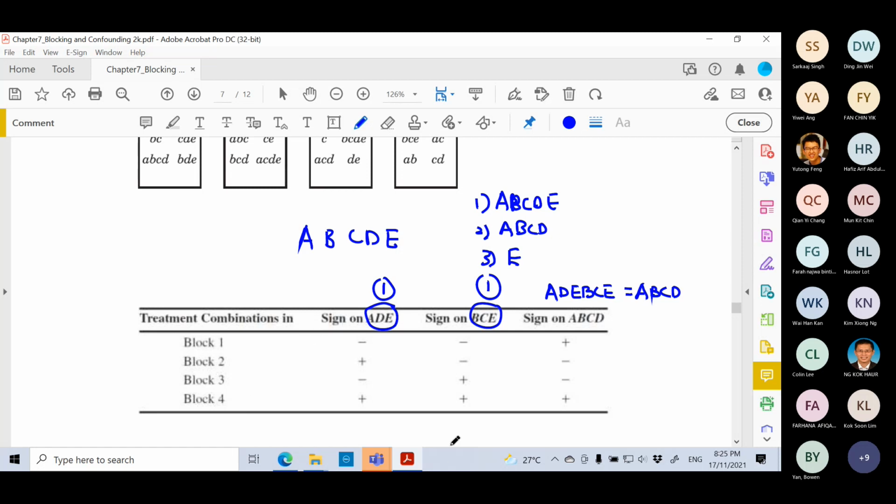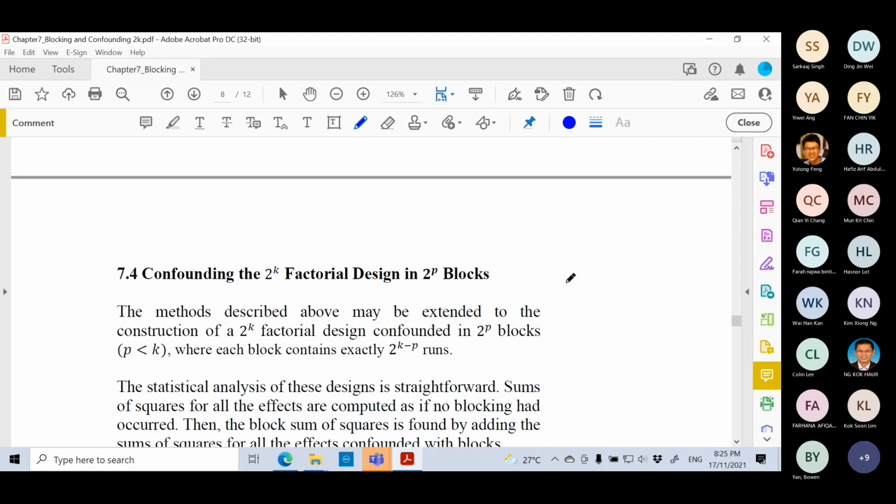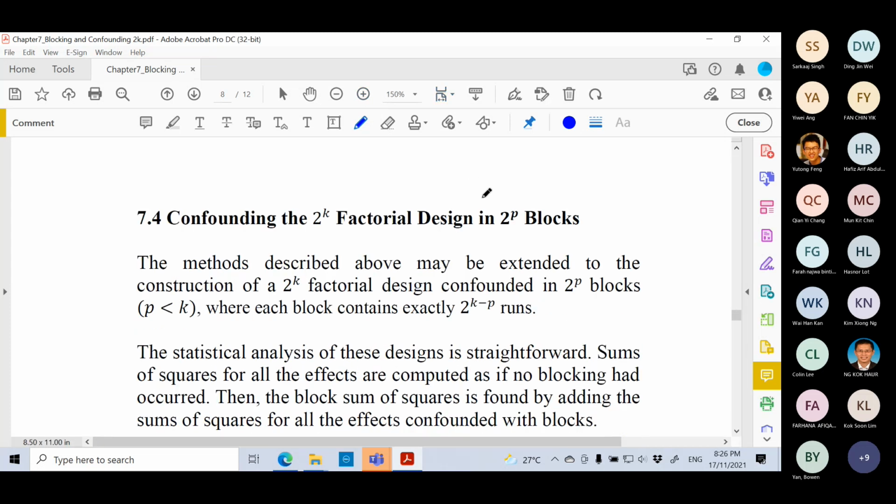Later on I will show you the example here. So this is the idea, which can extend to higher-order interactions. For the following, I give you the general case. In general, we have a 2 power of k factorial design. We can divide it into 2 power of p blocks.